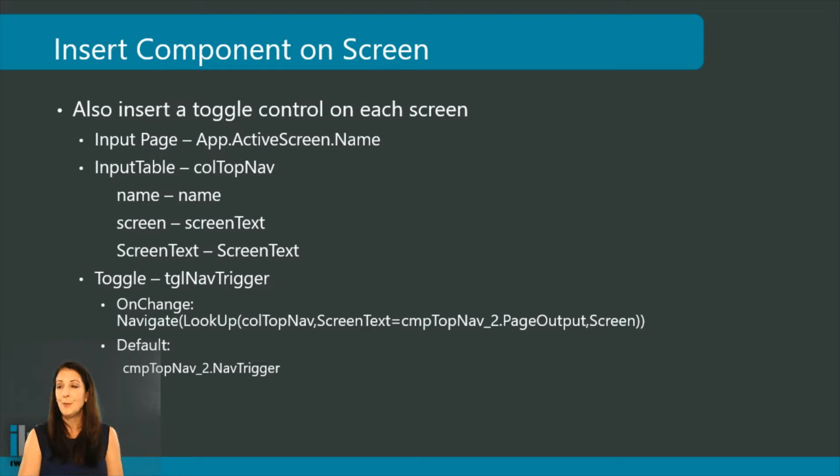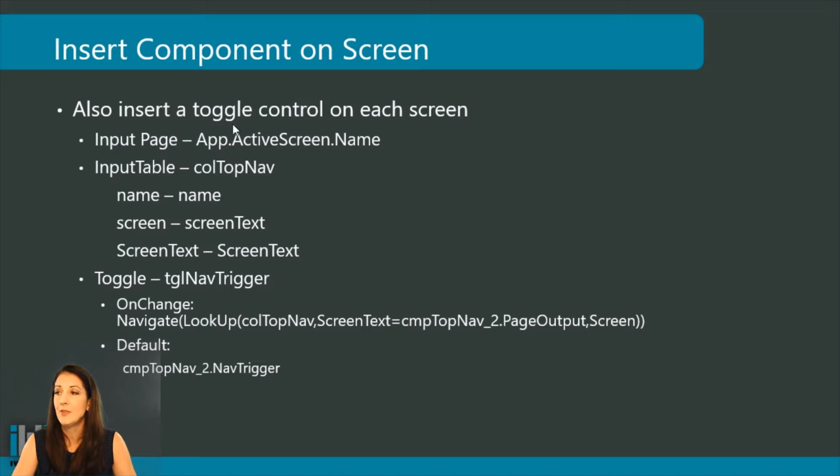So the input page is going to be a property. When I insert my component on all these different screens, these are going to be properties. All these things that I created as parameters in the component are properties that I can set, that I can put a value in when I put the component in my app.